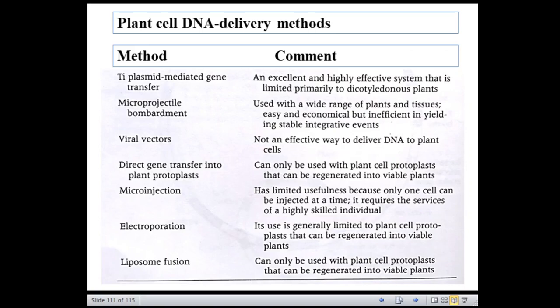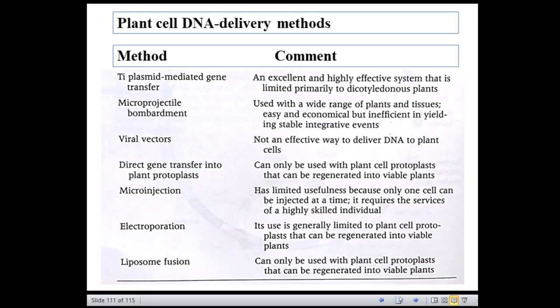If we just look at the table, this table lists some of the plant transformation methods that have been studied very well, and some of them are still under the process of refinement. A number of these methods require the removal of the plant cell wall to form the protoplasts.